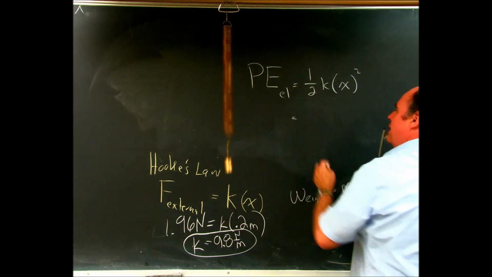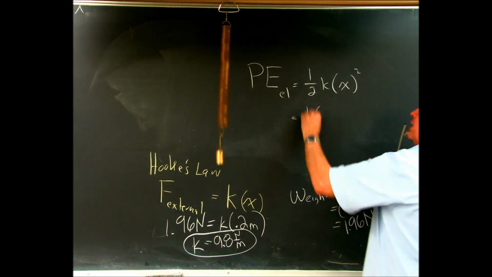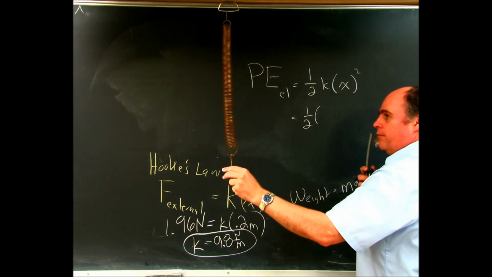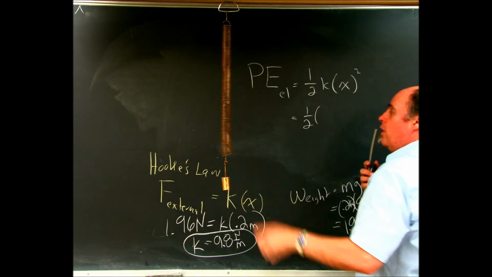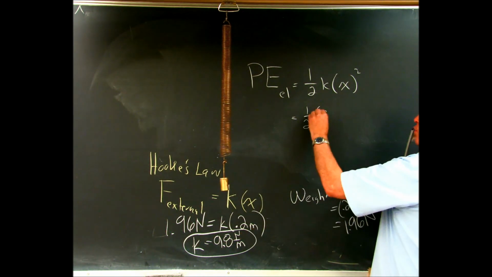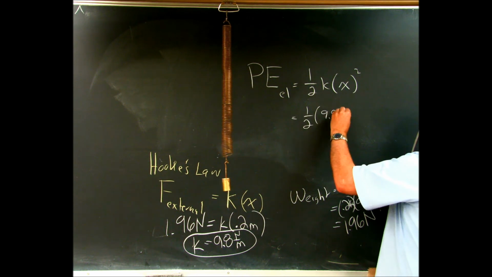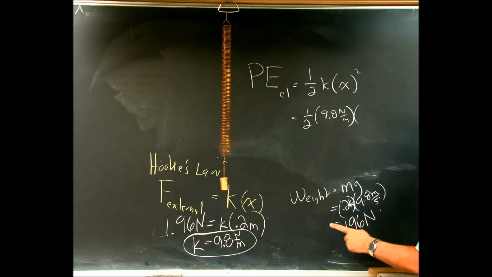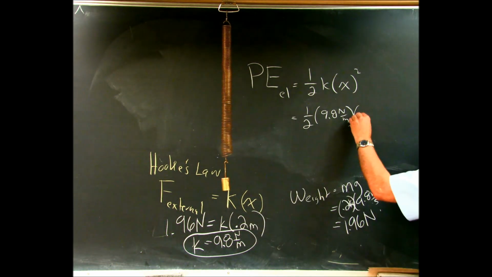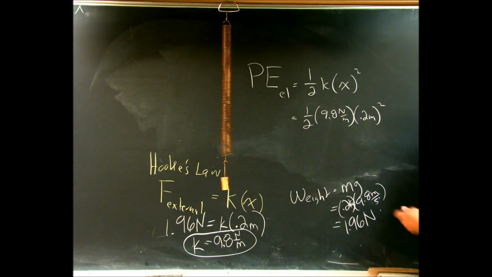So if I plug that in, 1/2 K we just said was 9.8 newtons per meter, and x we measured as 0.2 meters, and we have to square that.